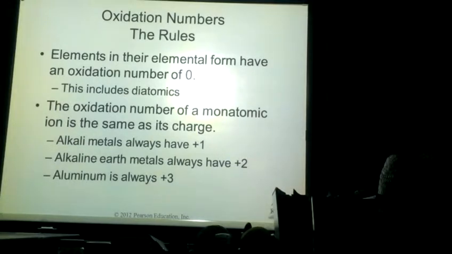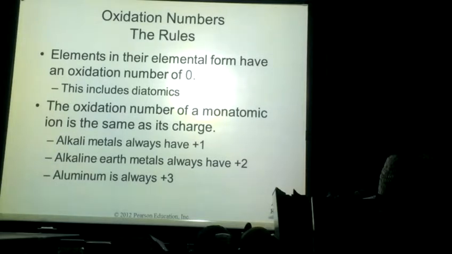So alkali metals will always have a +1 oxidation state. Alkaline earth metals will always have a +2 oxidation number, and aluminum will always have a +3. Guys, usually where I think we see the most difficult part of figuring out an oxidation number is whenever we have these transition metals that are in the polyatomic ions, or if we have a non-metal that's in a polyatomic.